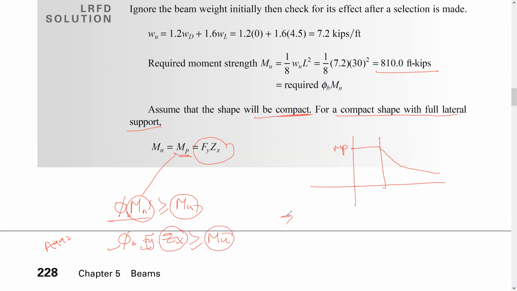So Zx here is supposed to be greater than or equal to the applied maximum moment divided by phi b times the yield stress.